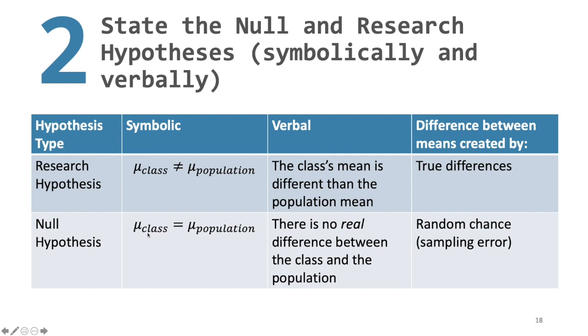So if we brought in our class to see if they are, let's say, more intelligent than the population, which I think you guys are, if we were testing that, we would get a sample, get an estimate of the population, whatever our class represents, in this case, grad students and social science degrees.